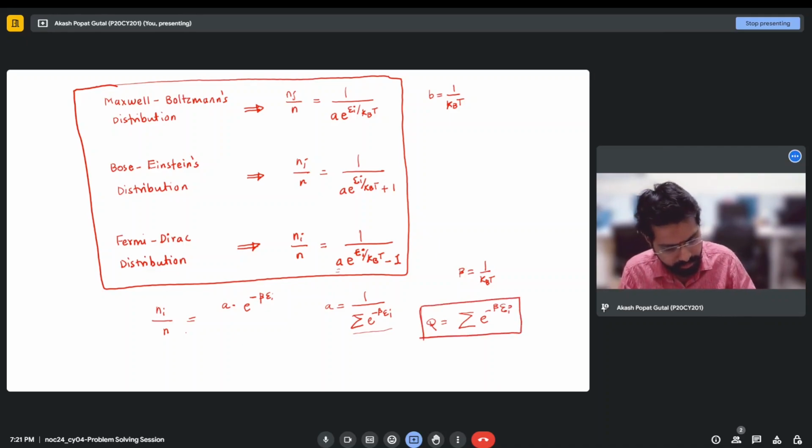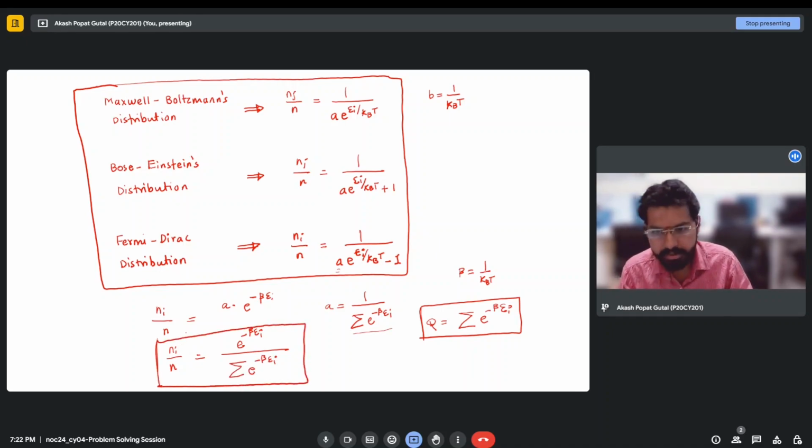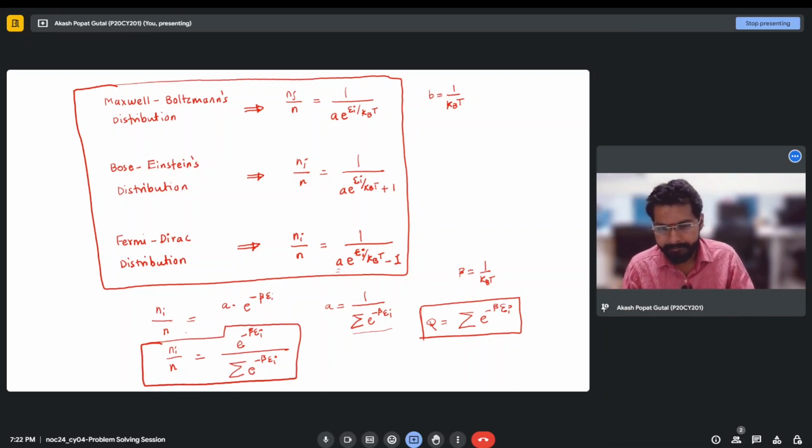So this is the partition function. So our equation will become e raised to minus beta epsilon i divided by summation of e raised to minus beta epsilon i. So this basic equation we have derived. Here Q is called the partition function.